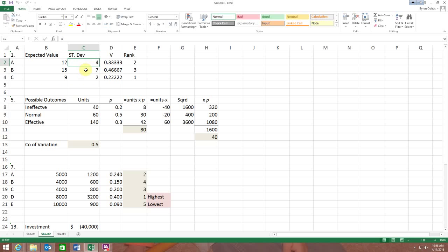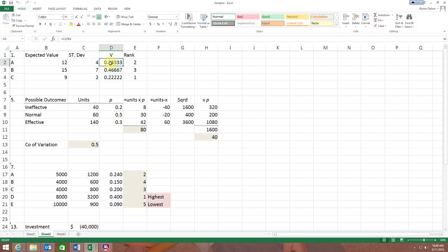If the standard deviation is big relative to that, of course, that means that the values are quite a ways away from the expected value. So if we're looking for less risk, we would want this variation number, the coefficient of variation, to be smaller.